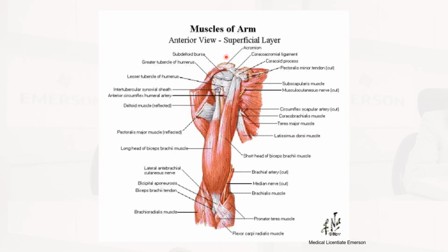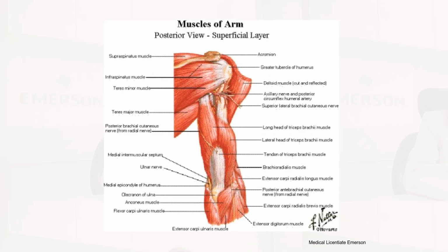Okay, so the muscles of the arm, they have the anterior view: the biceps brachii and the brachialis. These are the muscles of the arm in the anterior view.